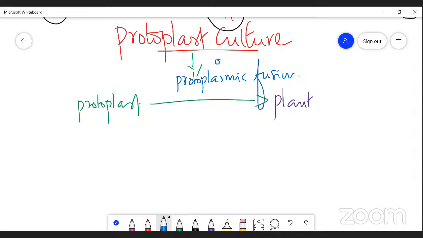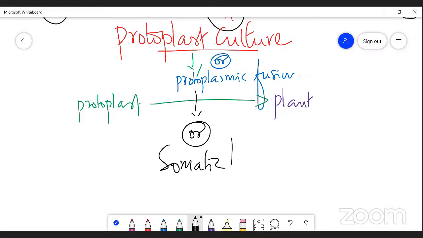or it is also called somatic hybridization, because somatic cells are involved in the fusion of protoplasts.